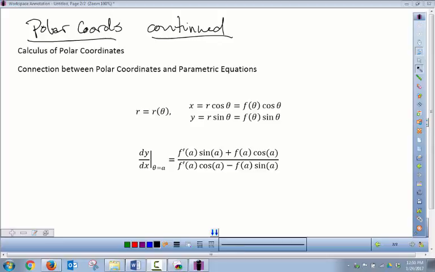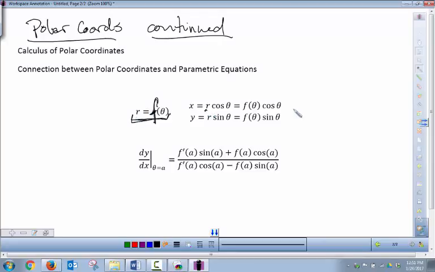So let's start off with the idea that x is equal to r cosine theta and y is equal to r sine theta. And then we will use the idea that sometimes we call it r is equal to f of theta, or r is equal to some function of theta. And so what we could do is replace the r with the f of theta.